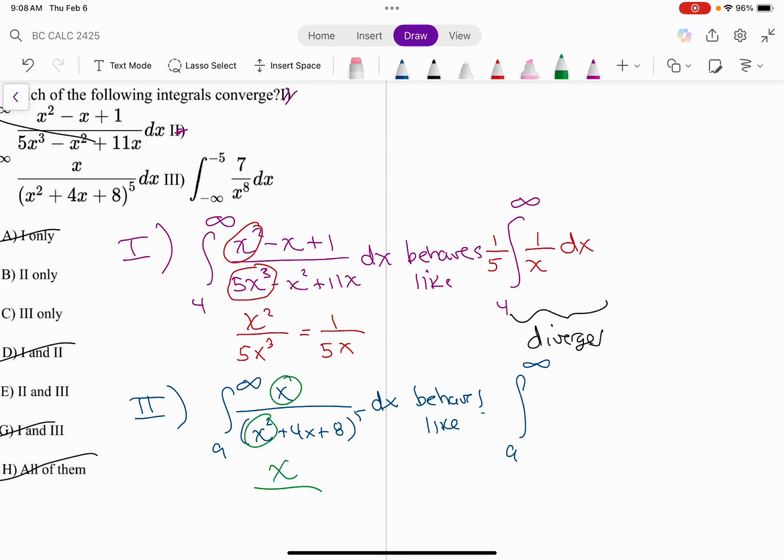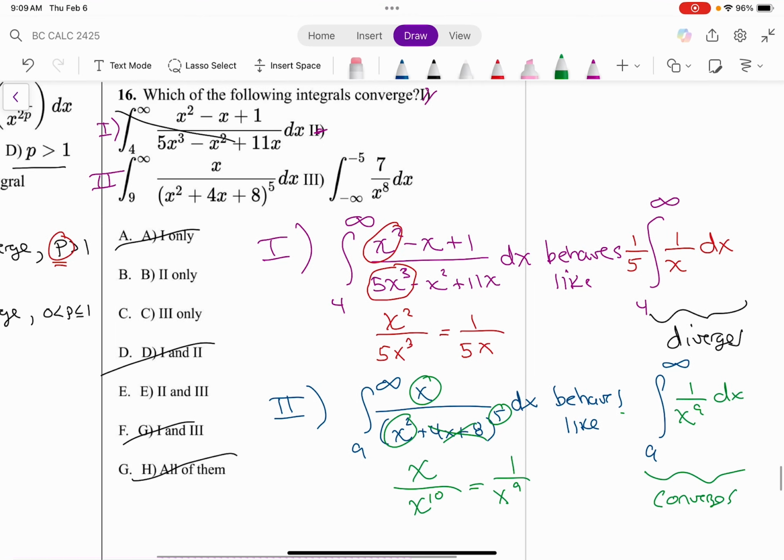The denominator behaves like x squared to the 5th, which is x to the 10th. So that's 1 over x to the 9th, which we recognize as a convergent p-series. So 2's in. And so we got to get rid of anything that doesn't have 2. So now it's down to 2 or 3.